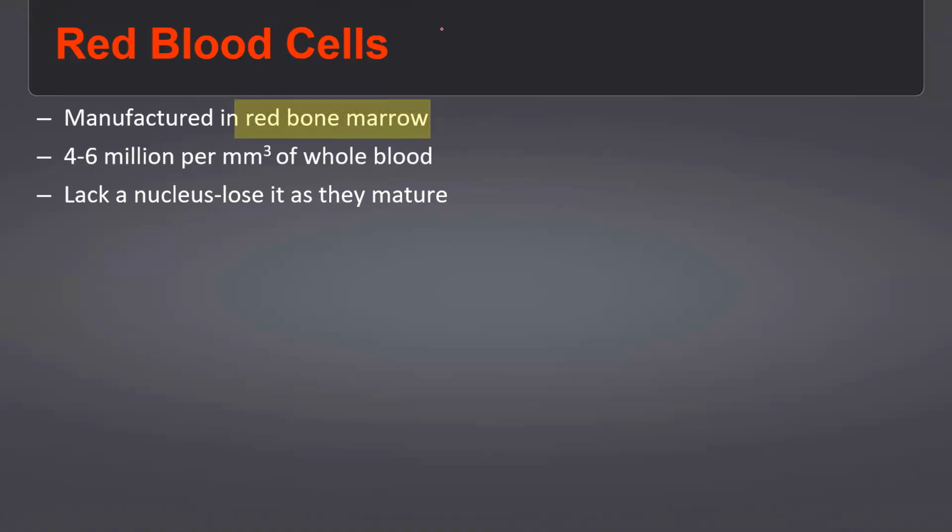You guys know what a nucleus is in a cell. I'm going to draw what a red blood cell looks like. If I'm drawing it on an angle, it looks like this. And then it's got a little dimple or a flat inside, which relates to, if you looked at it from the side, it would look like this.